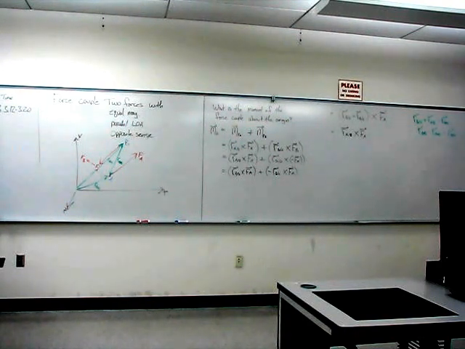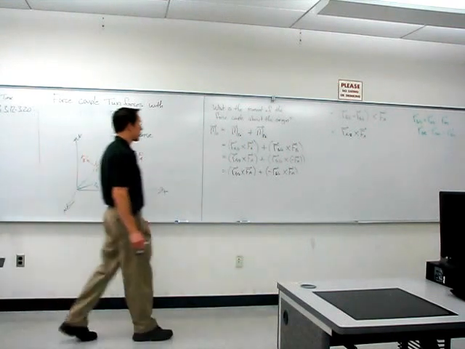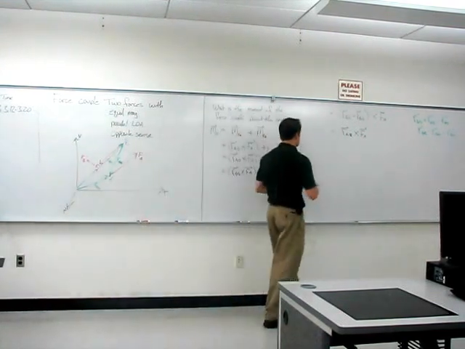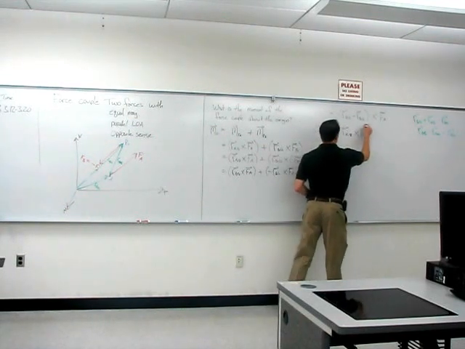Now, look at that result. Let's see who's really observant. What interesting feature do you notice about the result that we have for the moment of the force couple about the origin? So we have the moment about the origin for the force couple equals this.